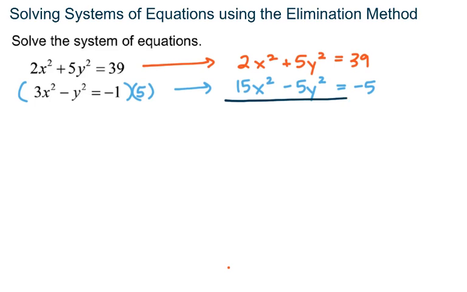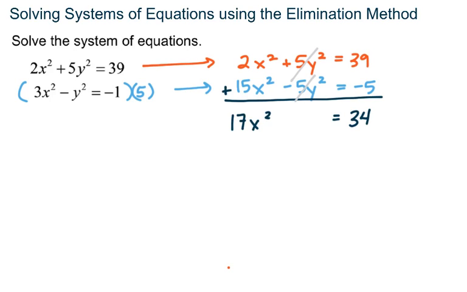Now you notice that these y squared terms have opposite coefficients. What I'll do here is add these 2 equations together now. And adding those 2 equations is going to cause those y terms to cancel. So I end up with 17x squared equals 34.